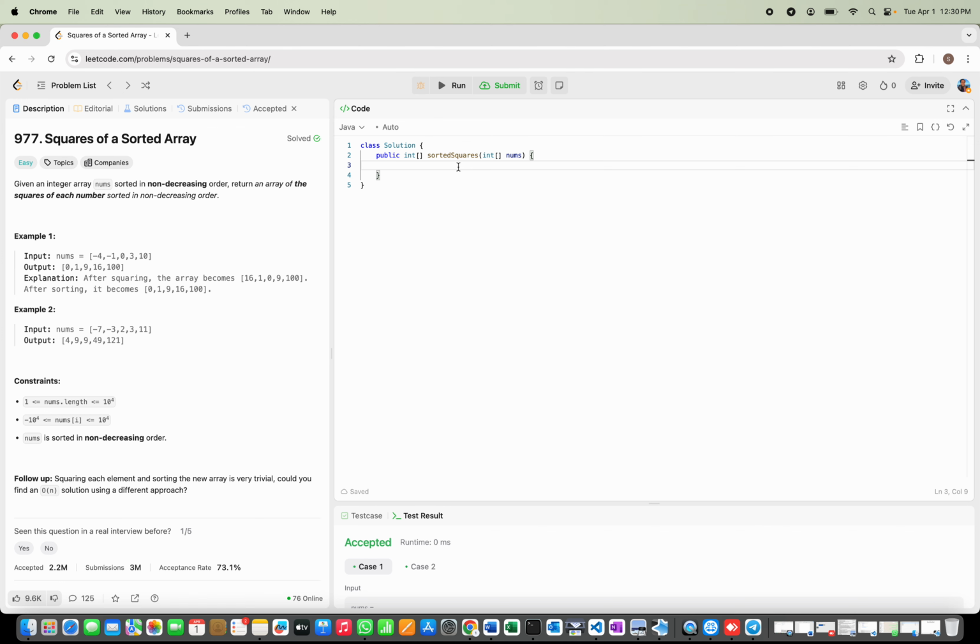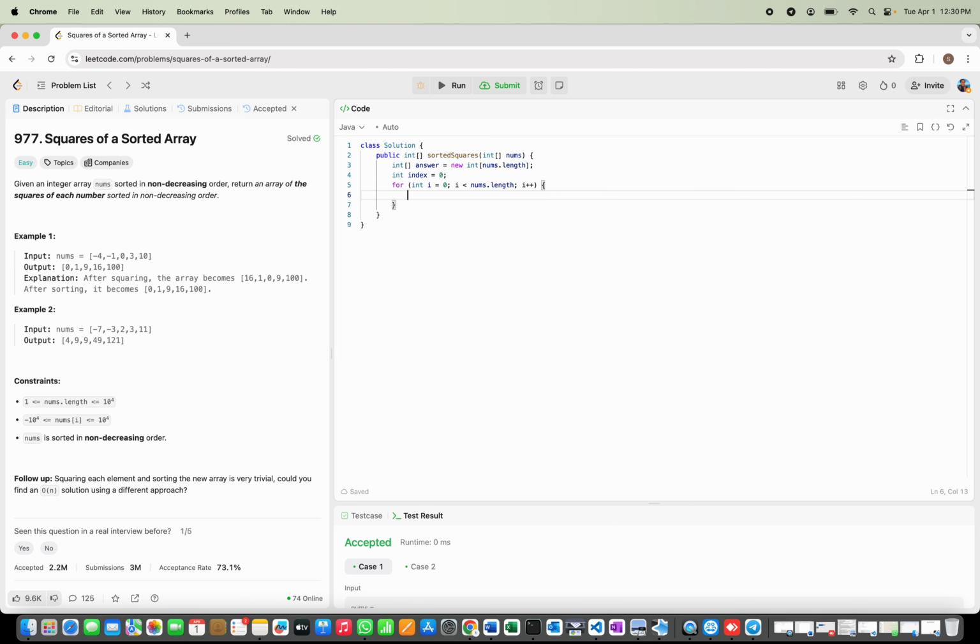So you could do int answer equals new int nums dot length, int index equals 0, for int i equals 0, i less than nums dot length, i plus plus.